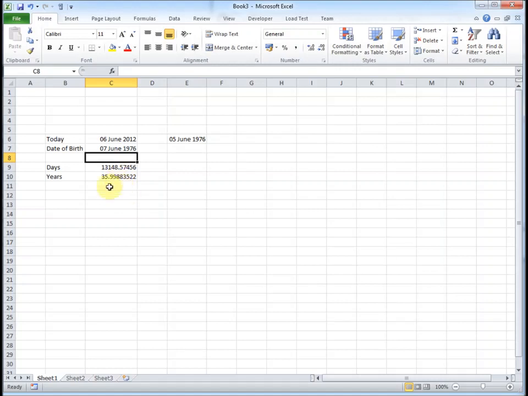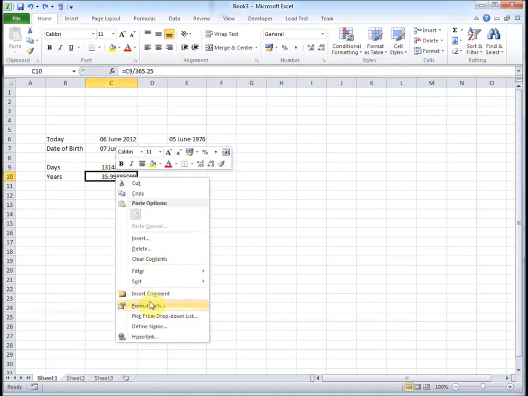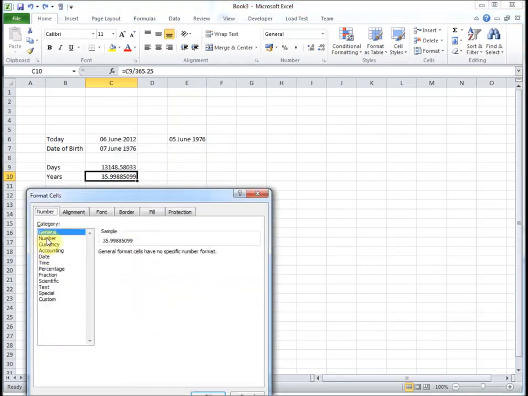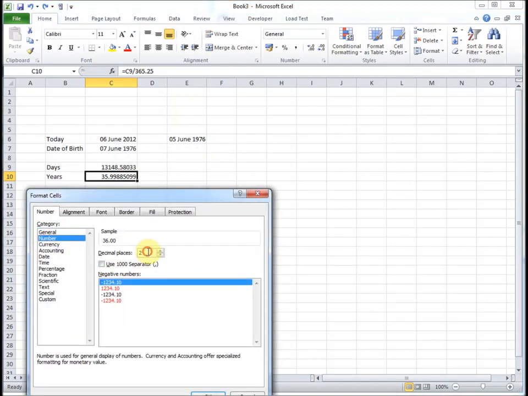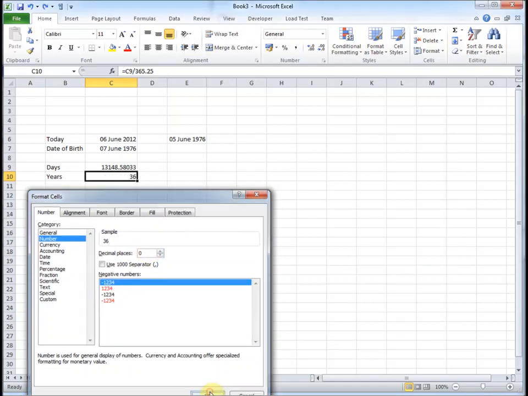Let's see what we can do about making that a more useful number. Well, clearly we don't need all those decimal places, do we? We only want the number of years he's dealing with. So we right-click on him, we format the cells, and we change it to a number this time, and 0 decimal places, and say OK.